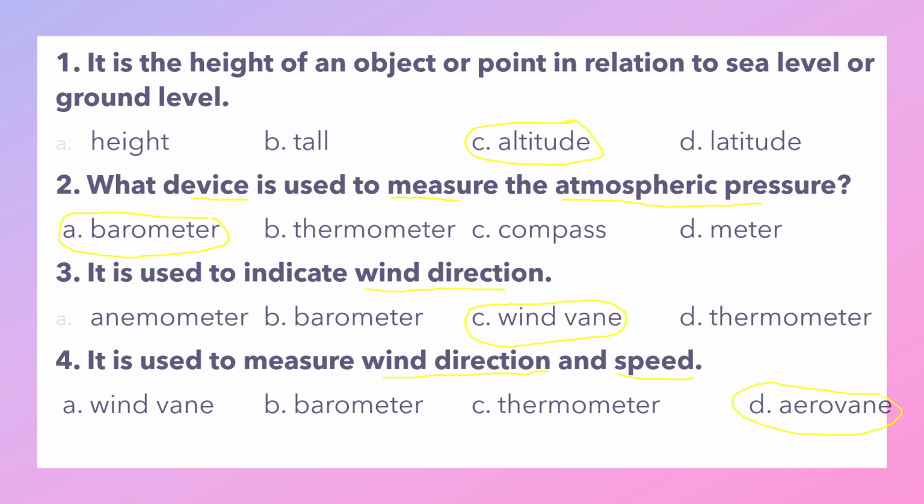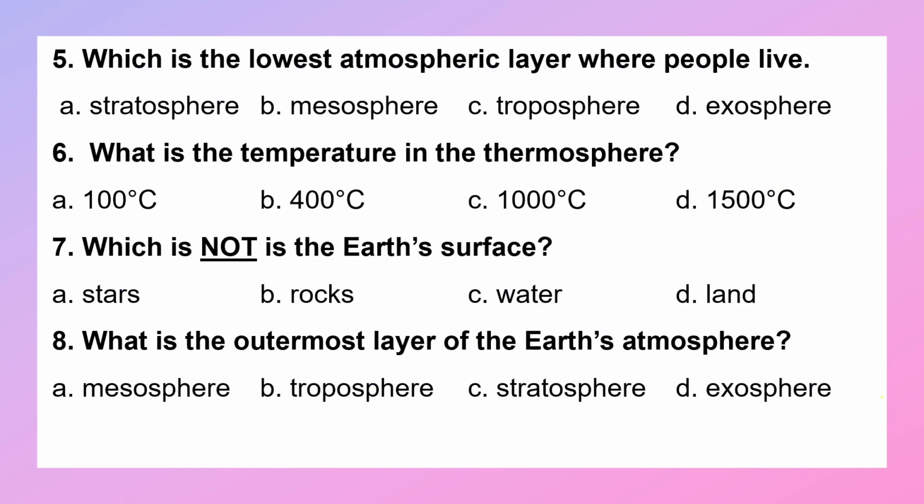All right. Now let's go to number 5. Which is the lowest atmospheric layer where people live? What do you think? There are 5 layers of atmosphere. A. Stratosphere. B. Mesosphere. C. Troposphere.